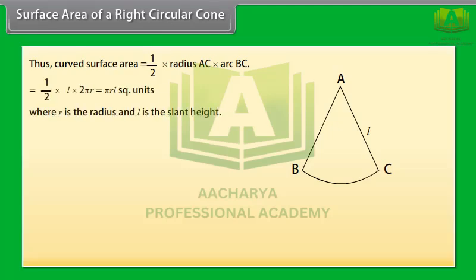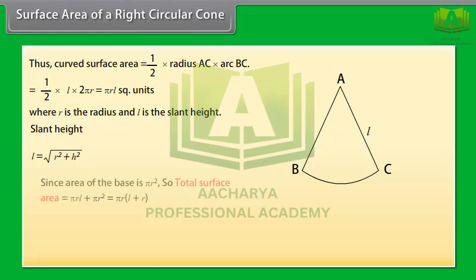This is equal to 1 upon 2 into L into 2 pi r, equals pi r L square units, where r is the radius and L is the slant height. And slant height L is equal to square root of r square plus h square. Since the area of the base is pi r square, the total surface area is equal to pi r L plus pi r square, which is equal to pi r into L plus r.